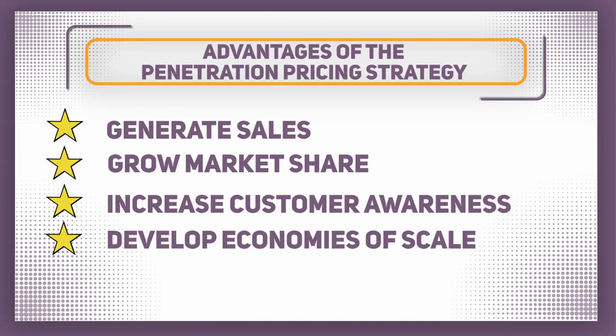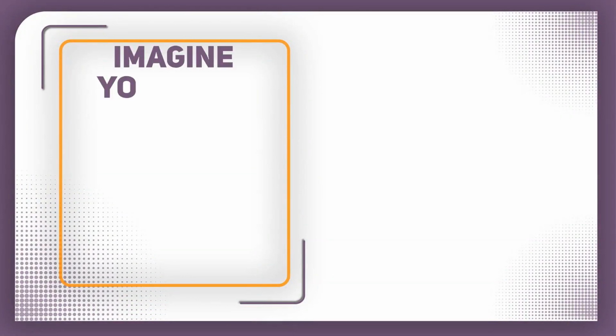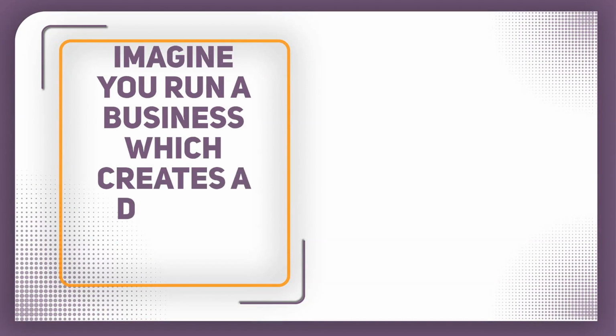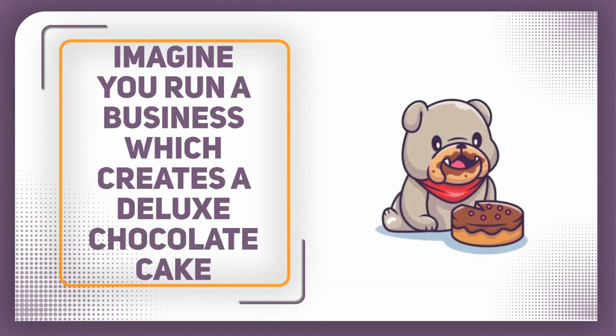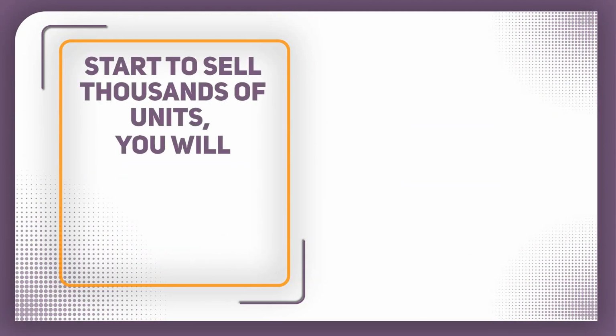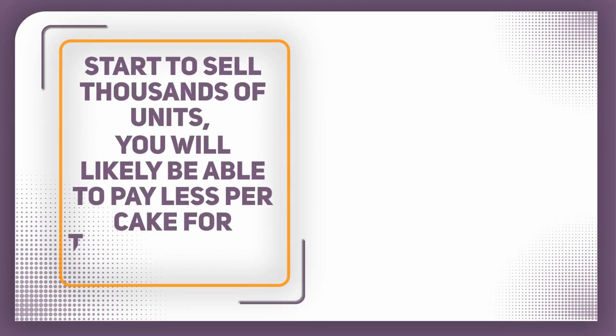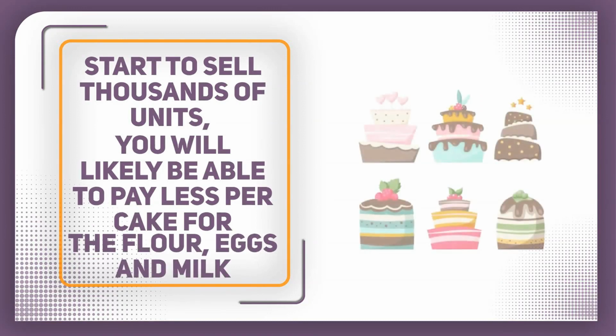To give you another example of what I mean here, imagine you run a business which creates deluxe chocolate cake. If you all of a sudden hook a deal with Tesco for your cake and you start to sell thousands of units, you will likely be able to pay less per cake for the flour, eggs, and milk, as you are now buying in such huge quantities to fulfill these orders.